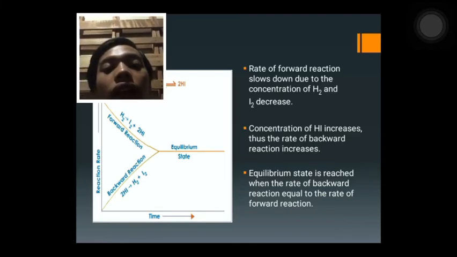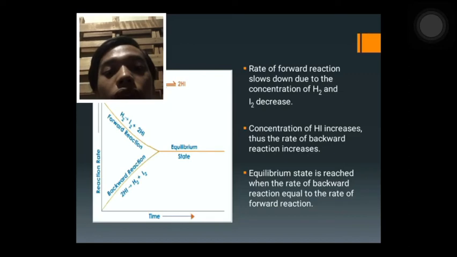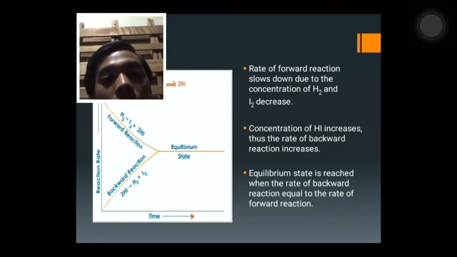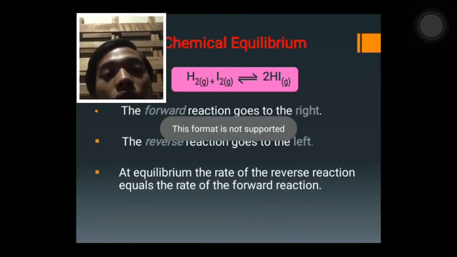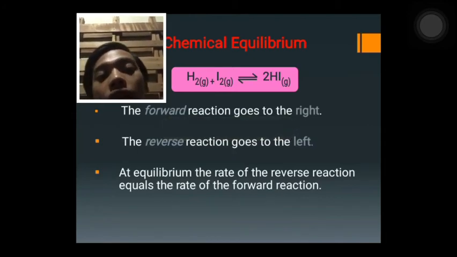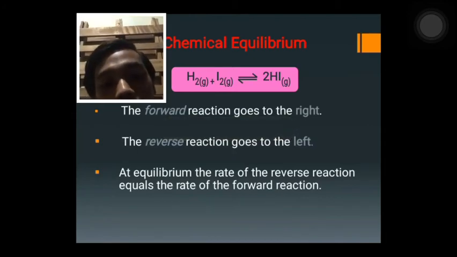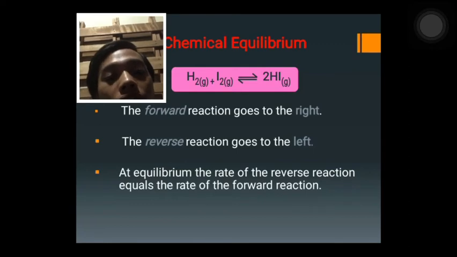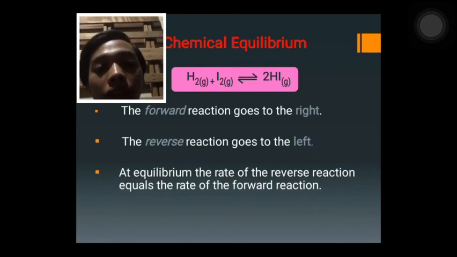Equilibrium state is reached when the rate of backward reaction equals the rate of forward reaction. So this is chemical equilibrium. The forward reaction goes to the right and the reverse reaction goes to the left. At equilibrium, the rate of the reverse reaction equals the rate of the forward reaction.